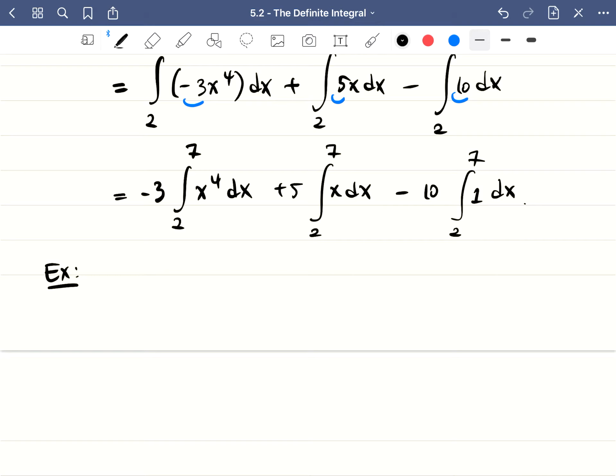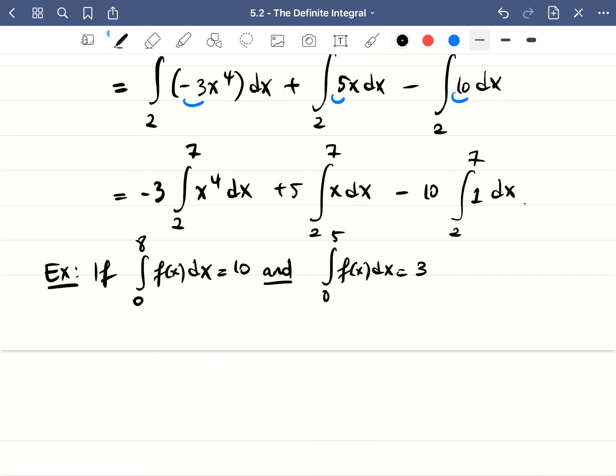Okay, let's suppose that the integral from 0 to 8 of a function f is, let's say, 10, and the integral from 0 to 5 of the function is 3.